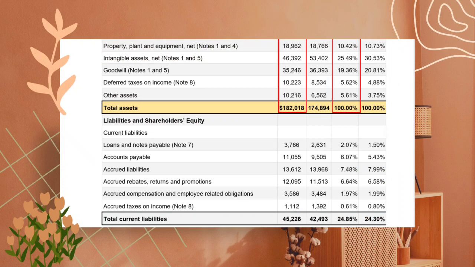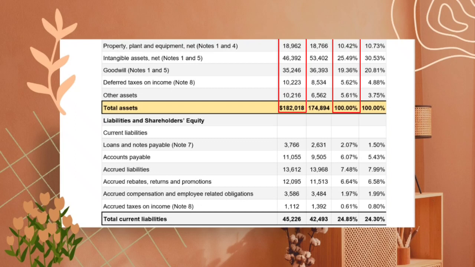We have property, plant, and equipment net, $18,962 divided by $182,018 multiplied by 100 will get 10.42%. Intangible assets net, $46,392 divided by $182,018 multiplied by 100 will get 25.49%.